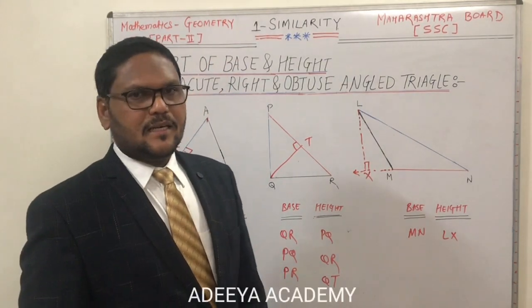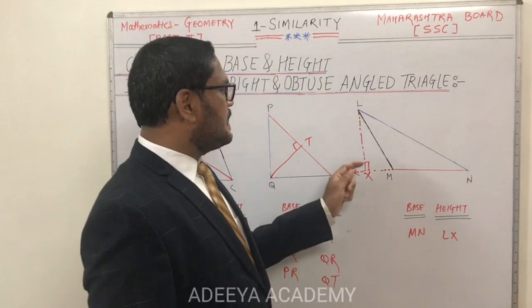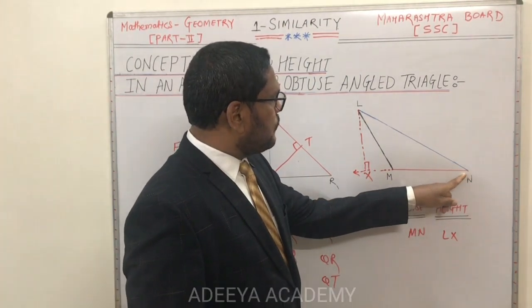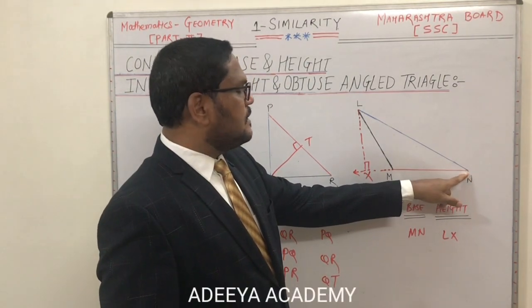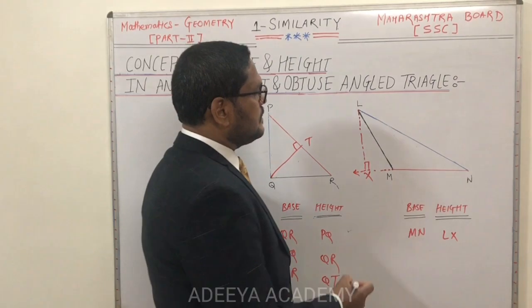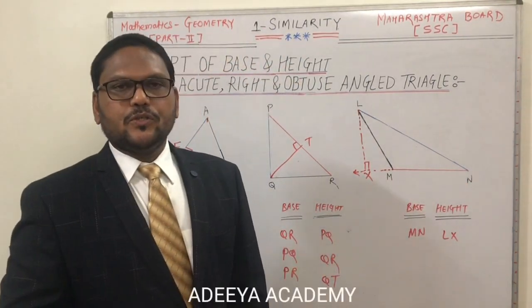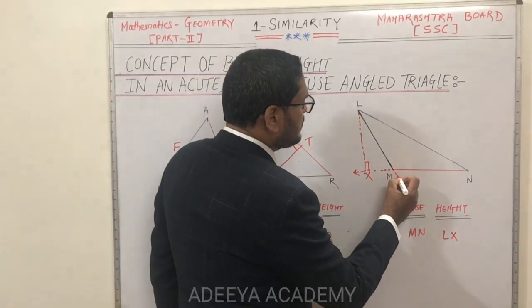Okay? If we consider LM to be the base, then its height, that is the perpendicular, has to be dropped from its opposite vertex, that is vertex N, and that perpendicular should lie on something. So we need to extend this.